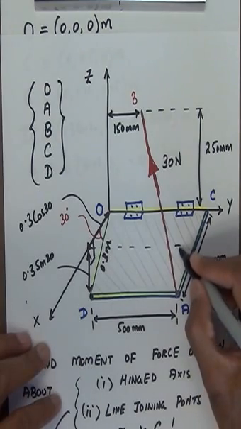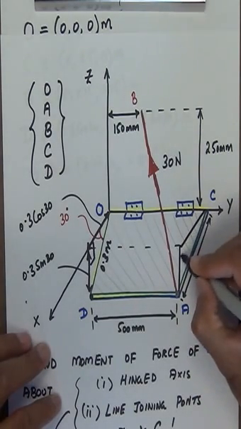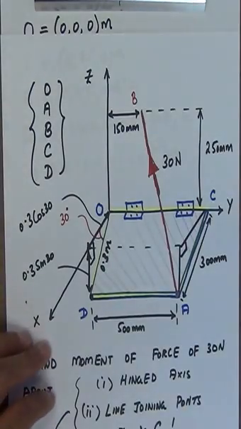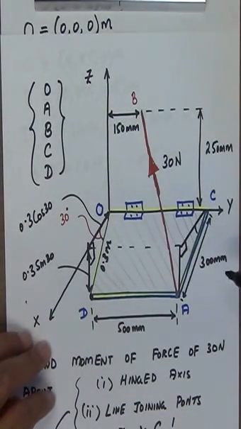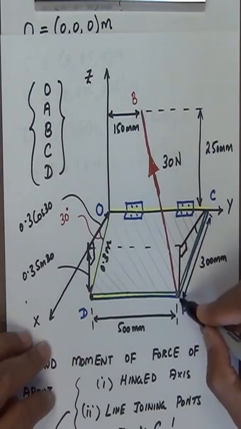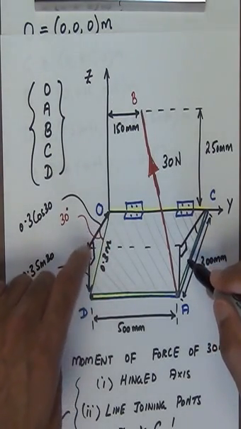If I join the point A and the point C, you get a similar kind of a right angle triangle there. The angle here is also 30 degrees, and so the coordinates of point A will be the same as the coordinates of point D along the x and the z axis.